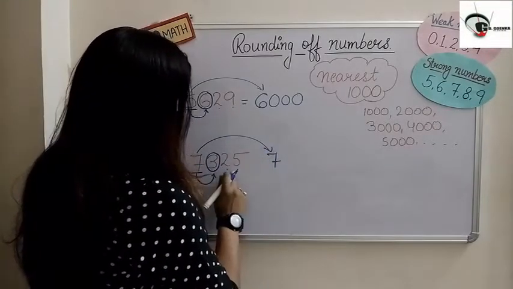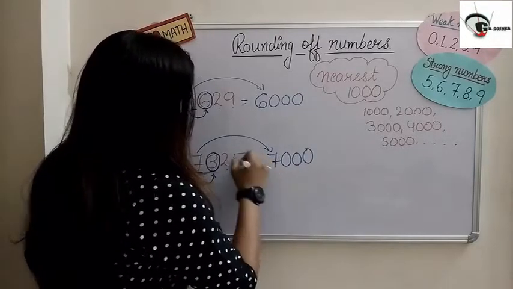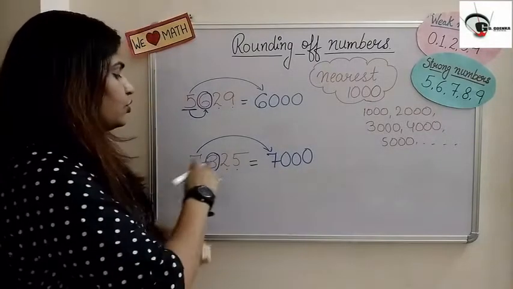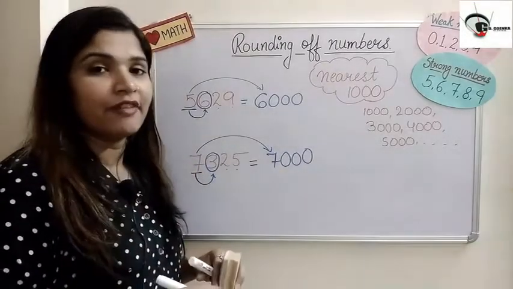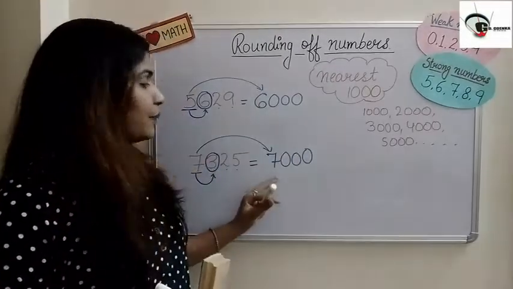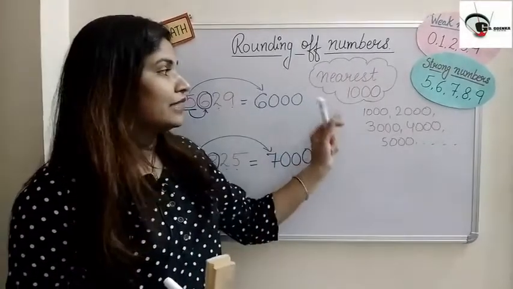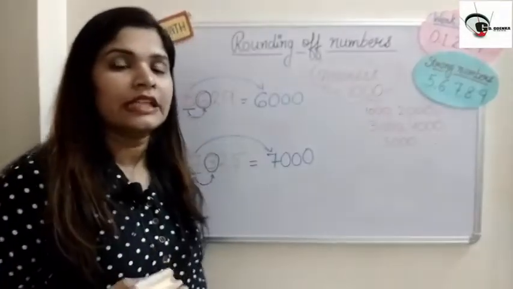And these three numbers, yes, they will become 0, 0 and 0. So 7325, if we round off to the nearest 1000, it will become 7000, a multiple of 1000. Is it clear?